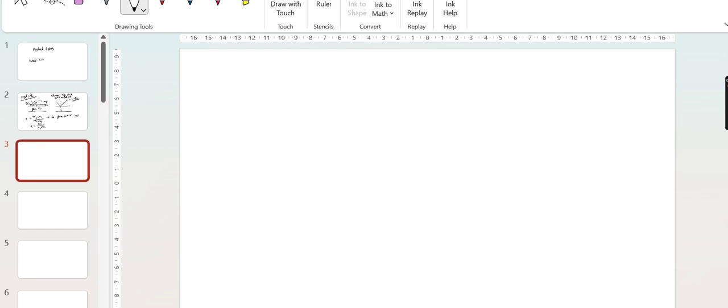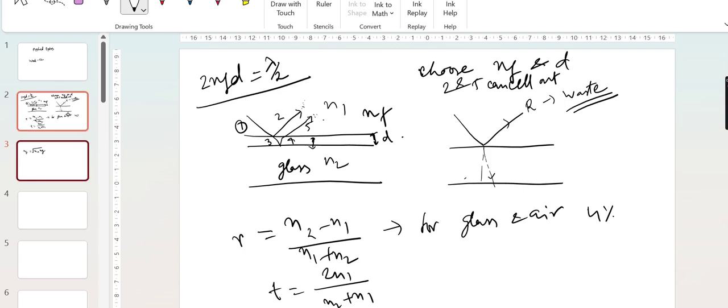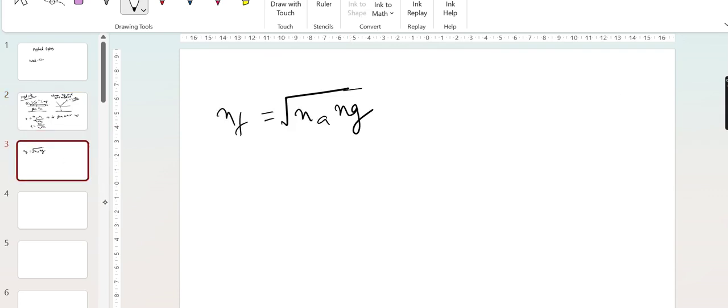So I'm not repeating that. How do we choose n_f from that calculation? We got to know that n_f should be equal to the square root of n_a times n_g. When we are talking about air and glass, n_a is 1 and n_glass is 1.5.